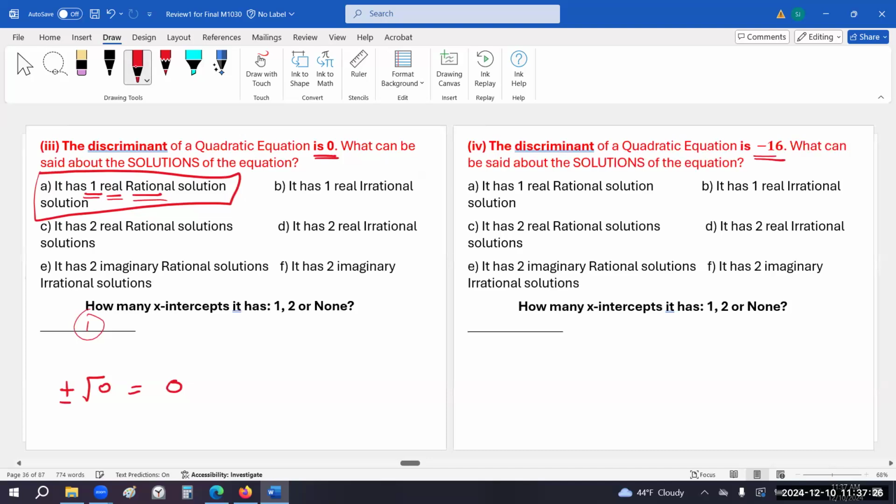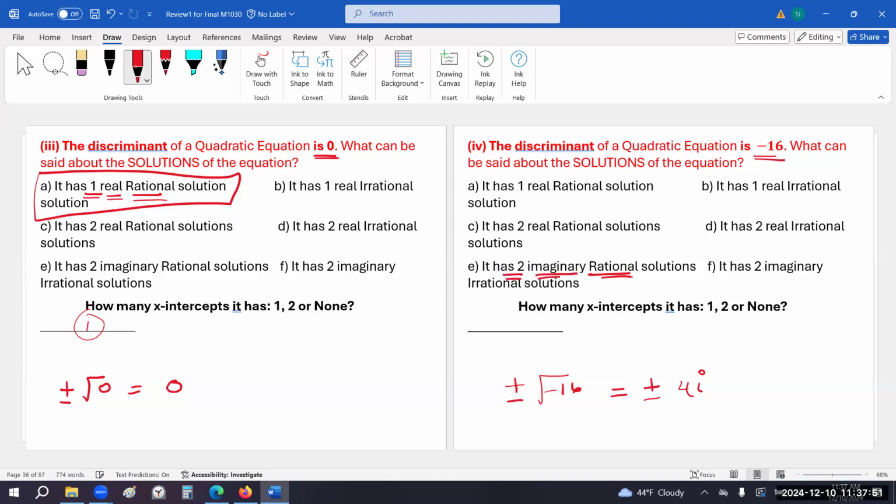We have negative 16. So plus minus square root of negative 16. That gives us plus minus 4i, right? So how many and which type? 2 imaginary. Is it rational or irrational? It's rational because we could simplify 16.